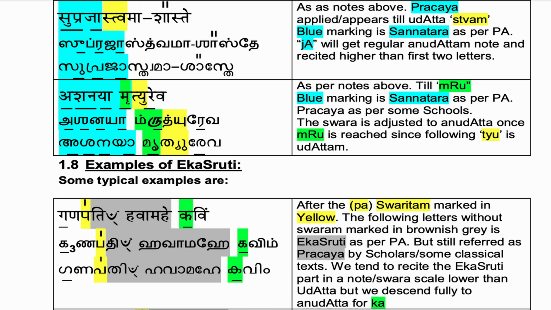The next question that he asked is very interesting. Let us take the Gananam Tva Ganapatigum Havamahe, the Ganapati mantra. After Ganapati, after Ga, which is Anudata, Pa is Udata, Na is Udata, and Pa is Swarita.